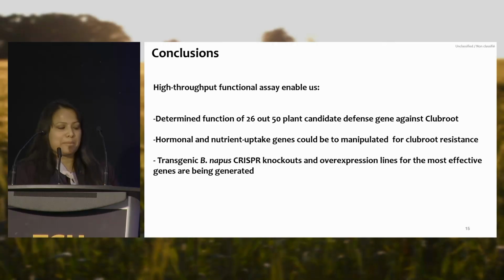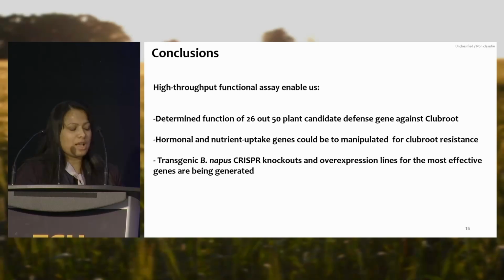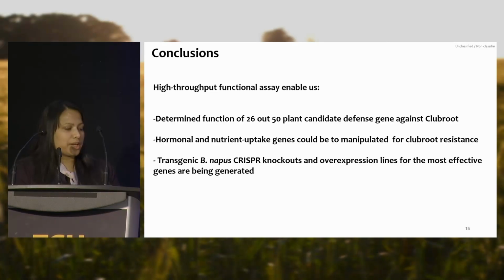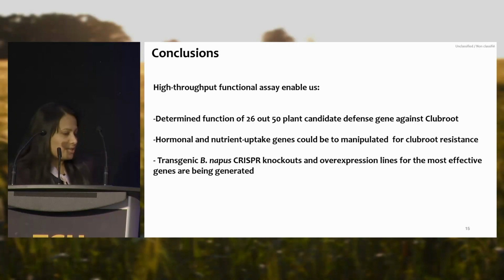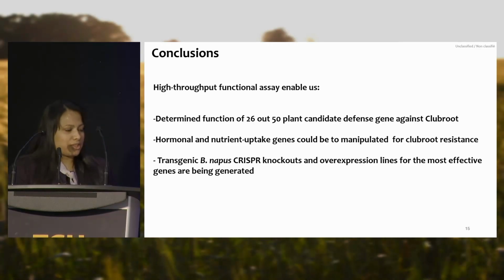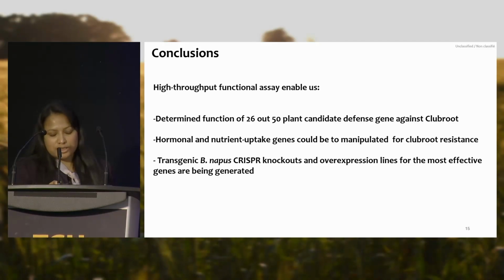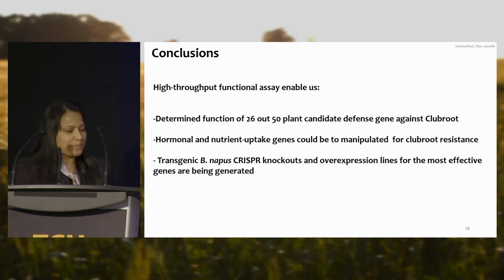Through this pipeline, we have determined the function of 26 genes out of 50 candidate defense genes against clubroot, and those identified effective defense genes could be used for manipulation to make clubroot resistance. We have also generated Brassica napus CRISPR knockout and overexpression lines, and this work is in progress.